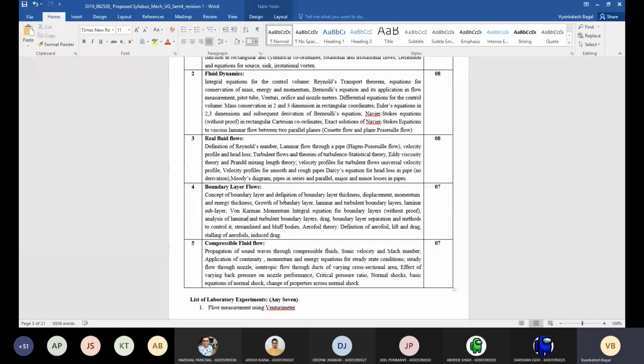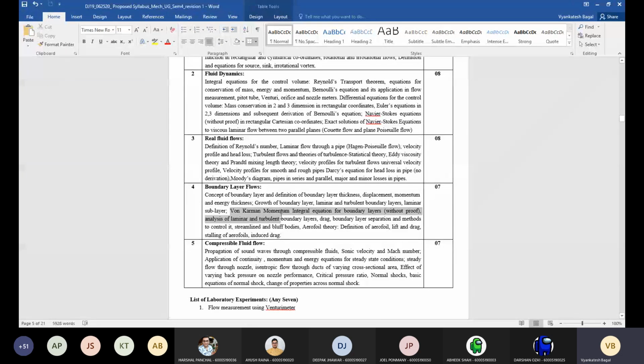So this guy I just named, Ludwig Prandtl, who formulated this concept of boundary layer theory, is also called the father of modern fluid mechanics. Okay, so boundary layer theory, and then different definitions and all that will be covered in module 4.